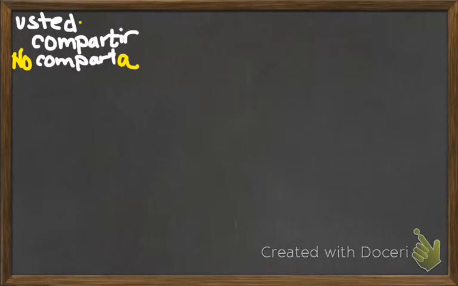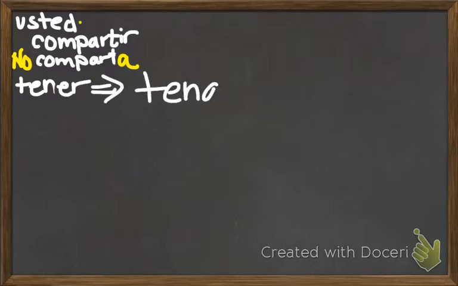Now with regular verbs like compartir, the whole yo form doesn't make as much sense. But let's take a verb like tener, which we know to be very problematic. So tener, what's the forma de yo? Tengo, right? So tengo minus the o plus your opposite vowel, for an ER verb, is what?